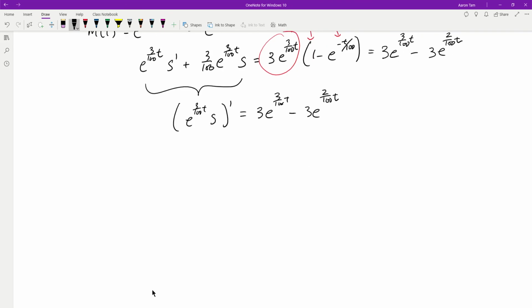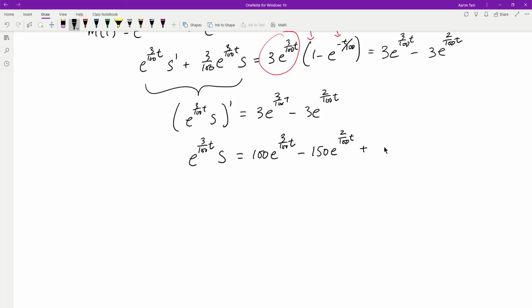So if I integrate, the left side would just take away the prime. The right side I have to integrate these two things. So what happens when I integrate this right here? It becomes 100/3 times 3, which is 100, e^(3/100 t), minus 3 times 100/2, so therefore 150e^(2/100 t).